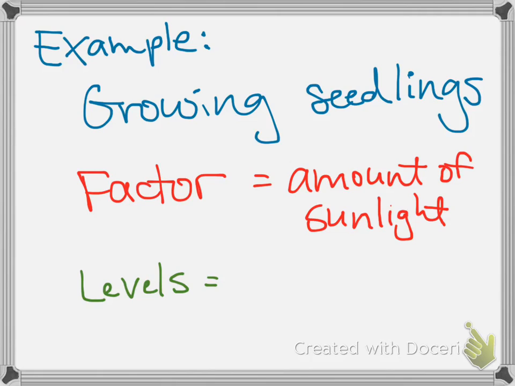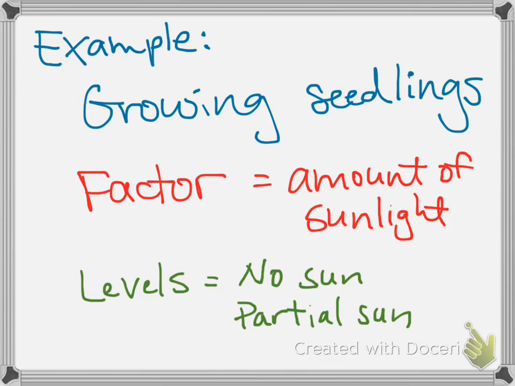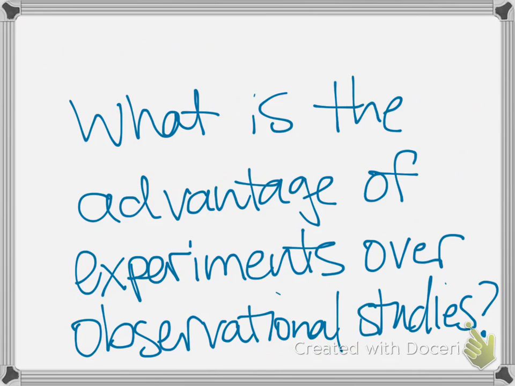So maybe our various levels are no sun, could be one level. We could see how the seedlings do if they're exposed to no sunlight. Maybe another level would be partial sun, and then a third level could be full sun. So those are the three levels of our one factor, the amount of sunlight that seeds are exposed to.